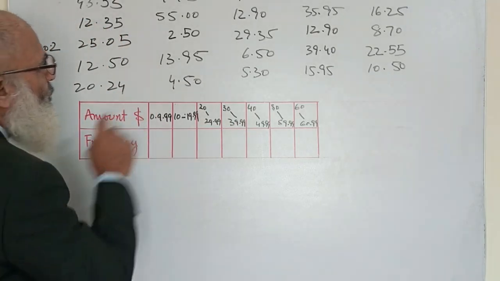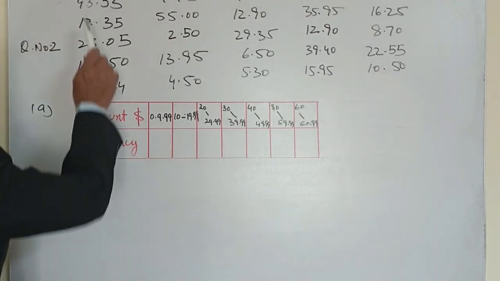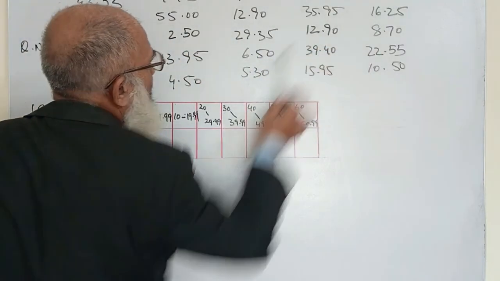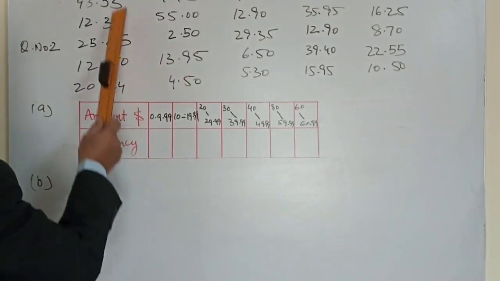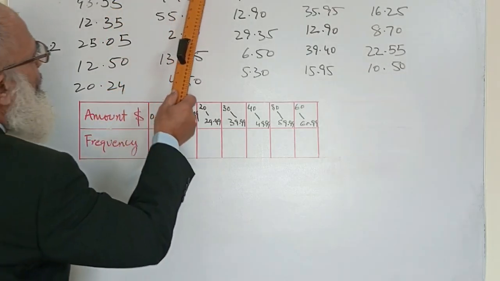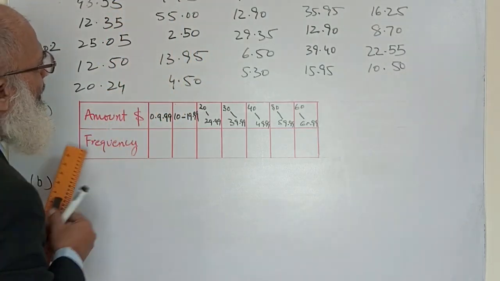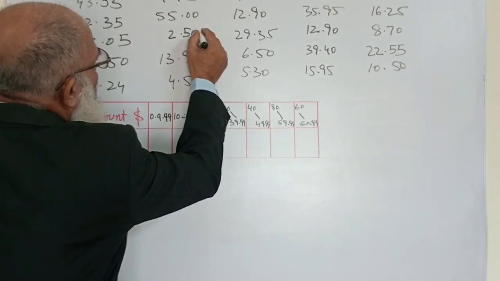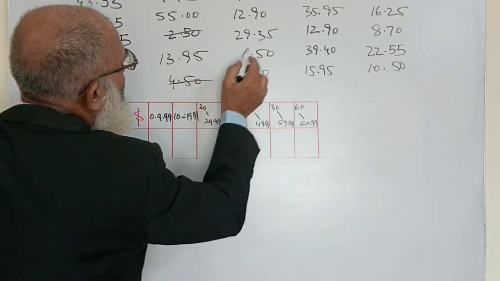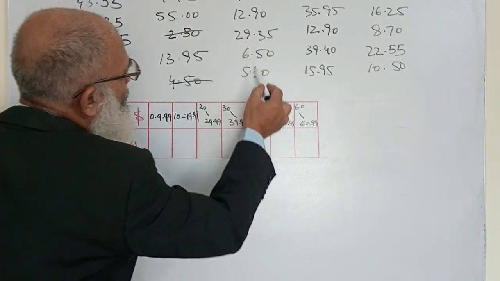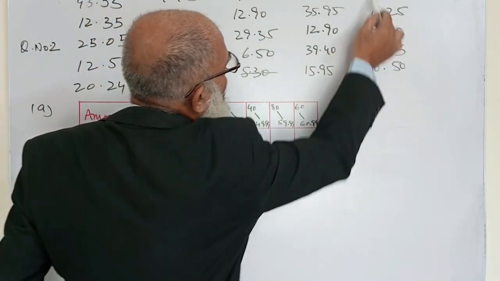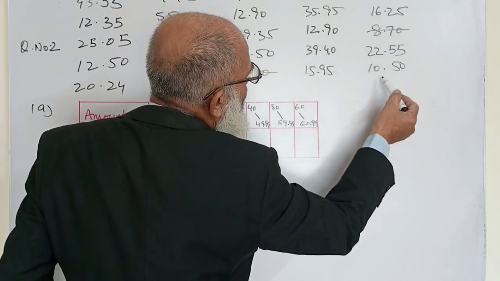Now from 0 to 9.99, just count them. There is only one. Cross this, two, two, two, three, four, five.